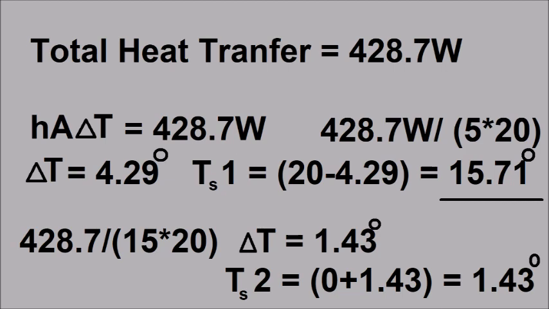This means we know the surface temperature of the wall is simply 0 plus 1.43 degrees Celsius, or 1.43 degrees Celsius. And so our final answers are that 428.7 watts of heat are flowing out of the wall, and that the inside surface temperature is 15.71 degrees Celsius, and the outside surface temperature is 1.43 degrees Celsius.